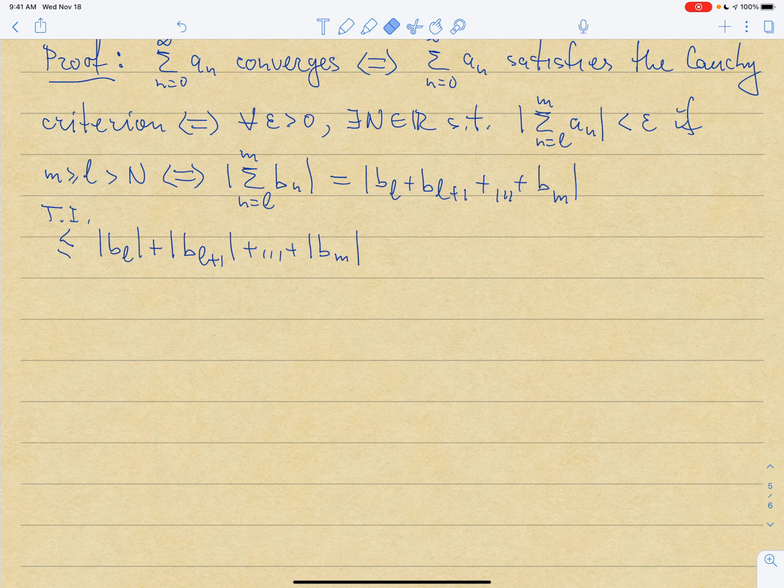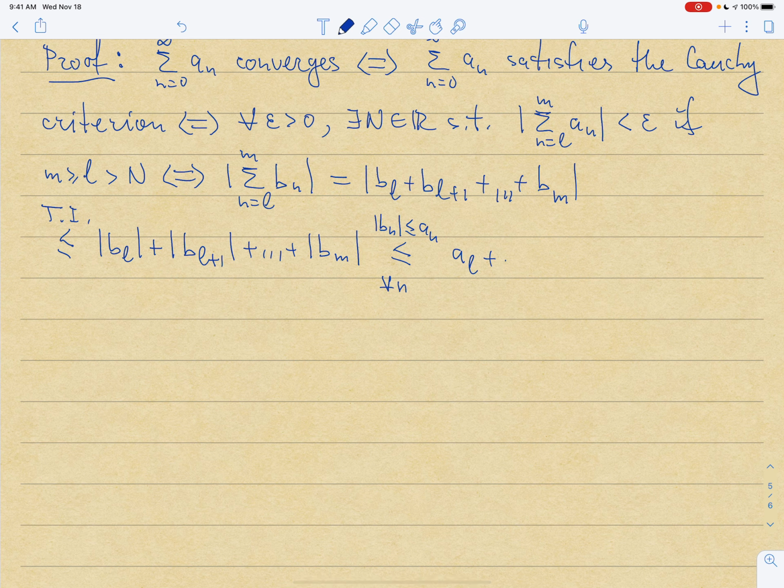But then what do I know? I also know that for each index, the absolute value of bn is less or equal than an, by my assumptions. So this is true for all n. And so therefore, the sum of absolute values of b's is going to be less or equal than the sum of just not absolute values, but the sum of a's, because a's are non-negative.